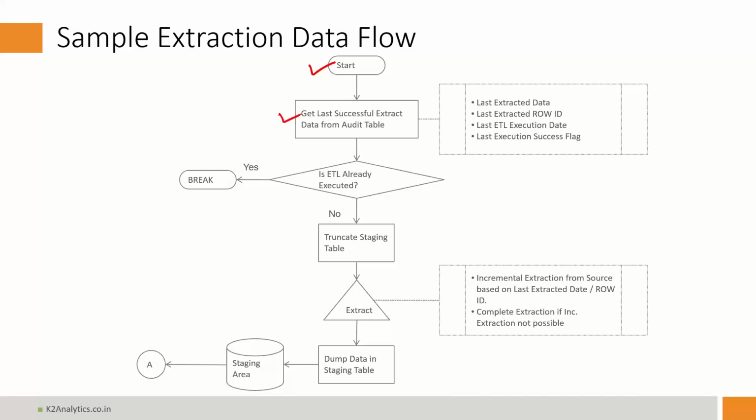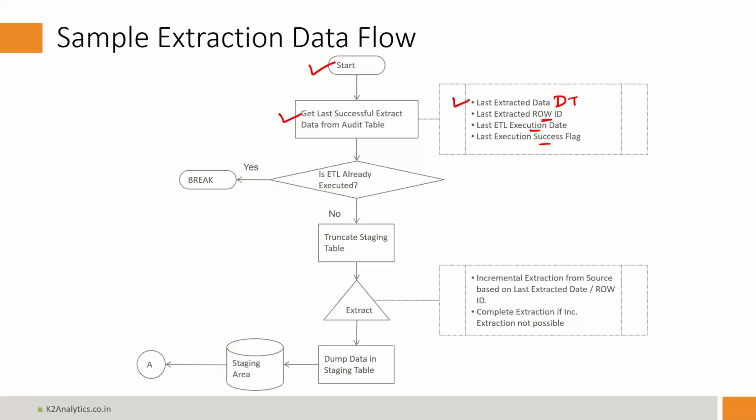You will have to design the audit table where you store information for this particular source: from this particular table, when I extracted, what was the last extracted date time, what was the last extracted row ID, when the ETL executed the last time, and whether it was a success. So you need to store this.